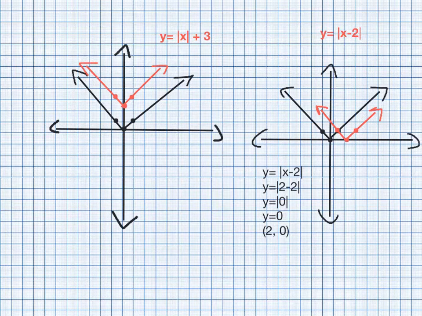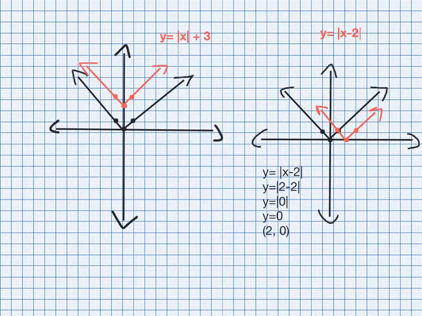So when x is 2, y is 0, and you would have the point 2, 0. Since that 2 is positive, you go over 2 units to the right on the x-axis and plot that point there. So you can already see that y equals the absolute value of x minus 2 is shifting 2 units to the right.